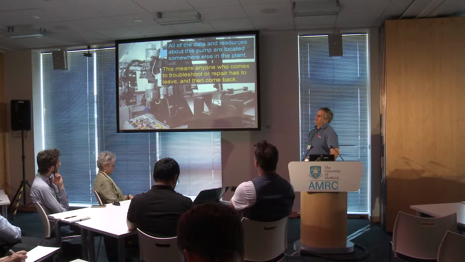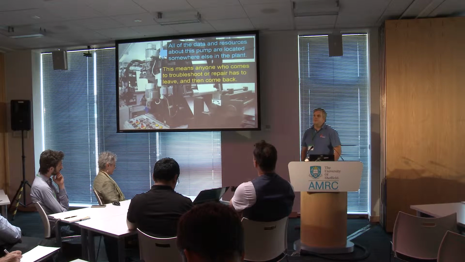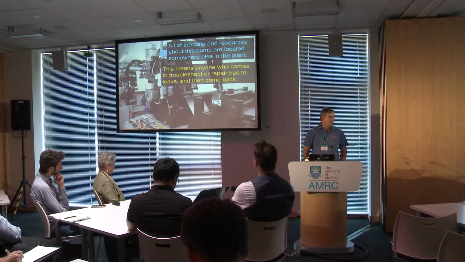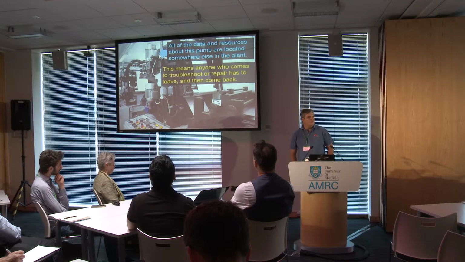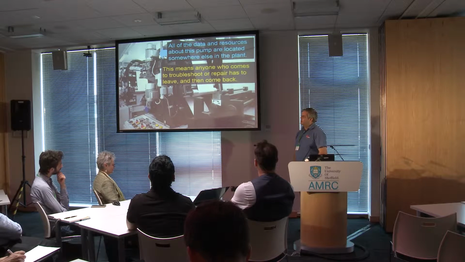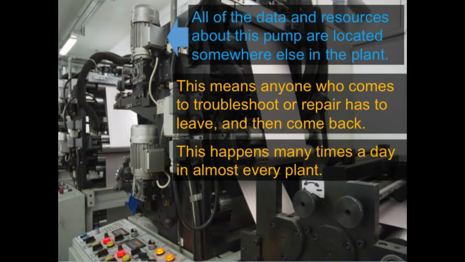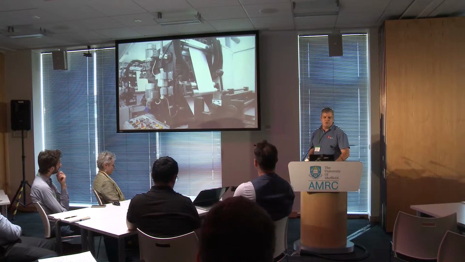So anybody who walks out to this motor or this pump has to turn around and leave. They turn their back to the equipment because they don't have the relevant information required to fix it. Some people call this a problem. I say it's an opportunity. This is a problem that happens in every plant every day, and it is one of the problems that we want to solve with AR.